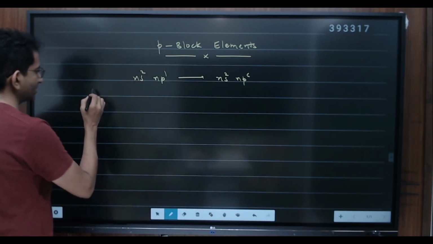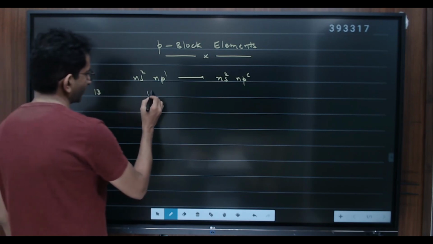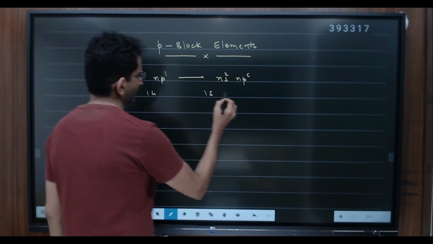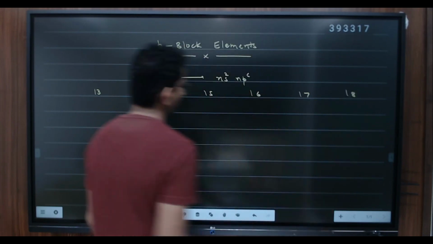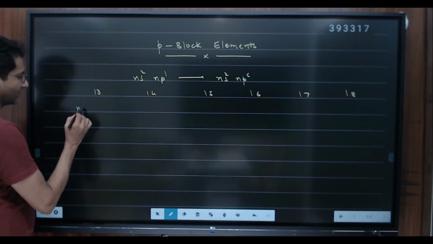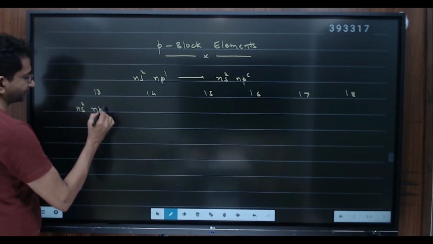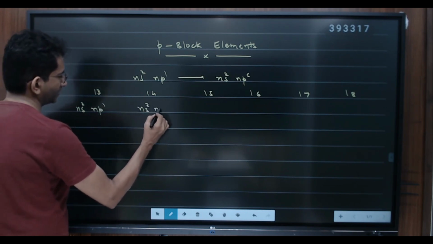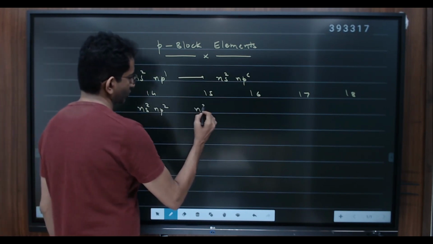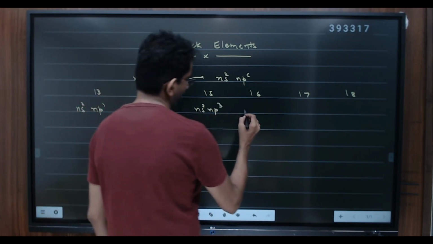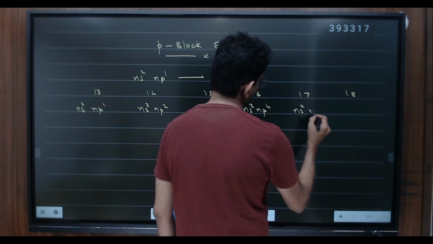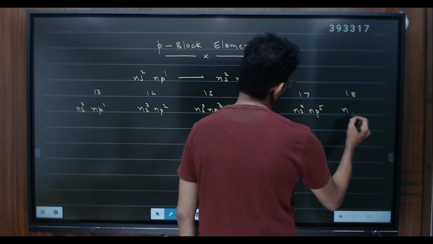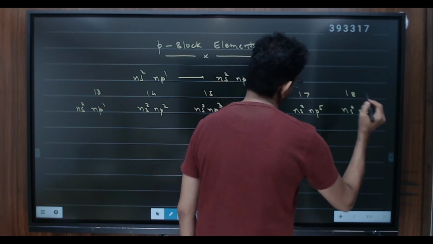Now these can be distributed as group number 13, 14, 15, 16, 17 and 18. Now their general electron configuration will be ns2 np1, ns2 np2, ns2 np3, ns2 np4, ns2 np5, ns2 np6.